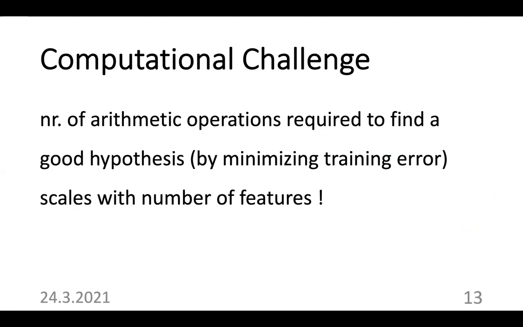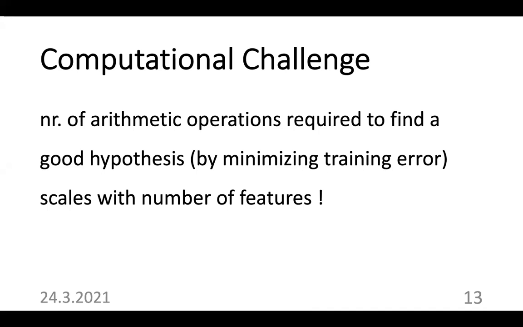Okay, so there's the statistical challenge, and there's also a computational challenge in using too many raw features, because already if you do linear regression, at some point you have to work with the raw feature vectors. And if the raw feature vector has billions of entries, then you have to work with vectors and matrices whose size is around billions.